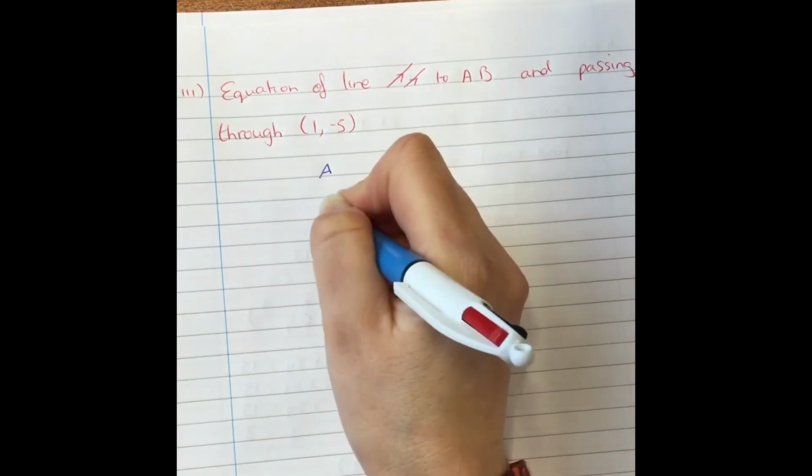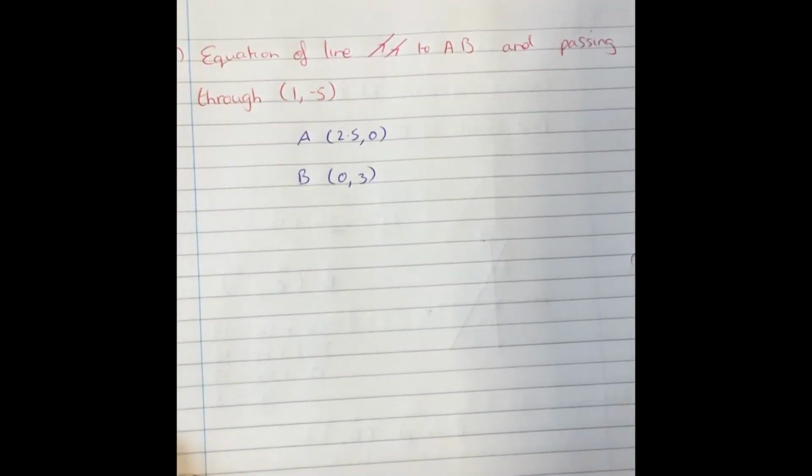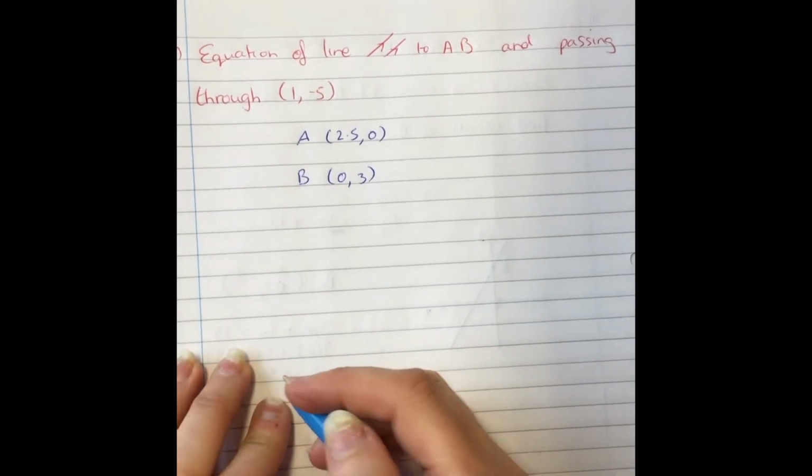To find the equation of the line, we need to know the points A and B. If we find the gradient of the line AB, a line parallel to AB will have the same gradient. A is the point 2.5, 0 and B is the point 0, 3.